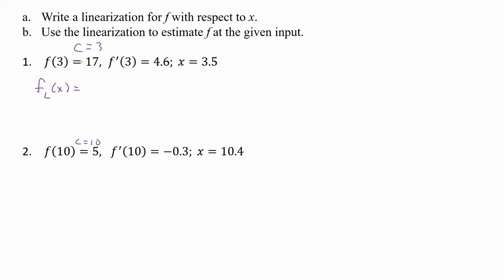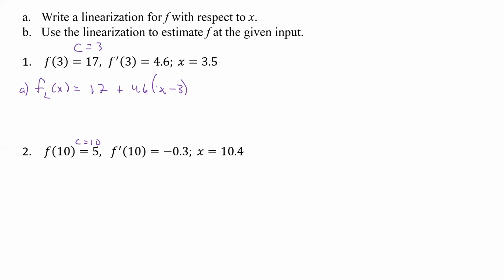So we kind of need to know that. And so we get that just from right here. So it's going to be f of c, which is going to be 17. Then it's going to be plus our f prime, which is 4.6, times, now we have x minus c, which is 3.